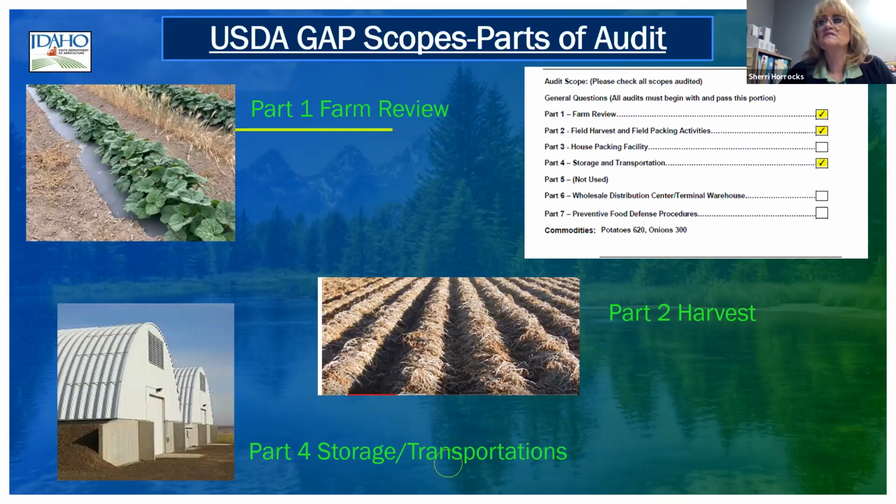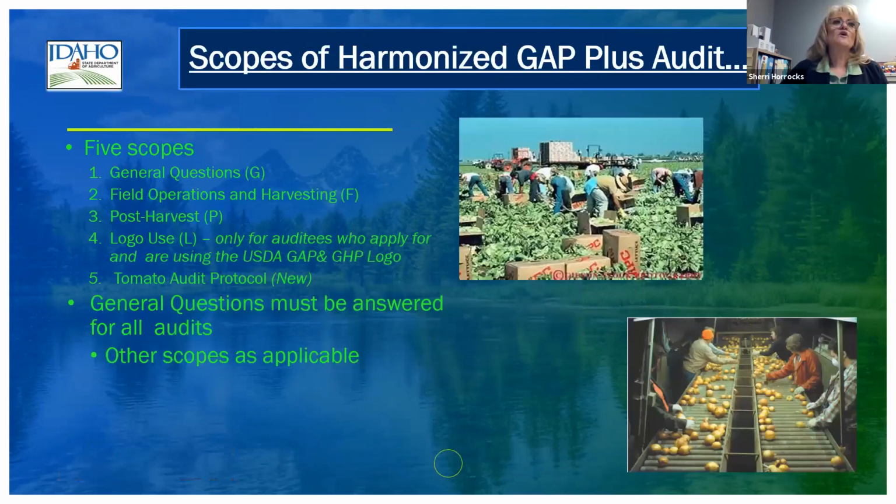Potato growers, storages, cellars, or if you have a building that you are storing in bulk or even finished product, in the harmonized audit we audit their entire farming operation, and this would include storages. So the bottom line is, if you are storing your own product and you are maintaining that storage, you are subject to that storage facility being audited as part of your food safety program. Next slide, please.